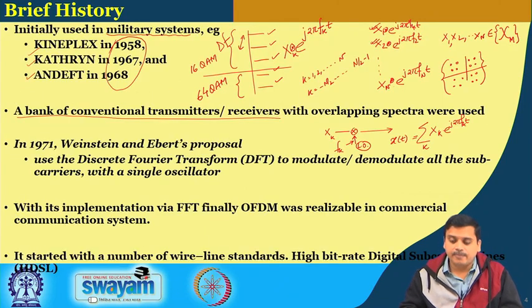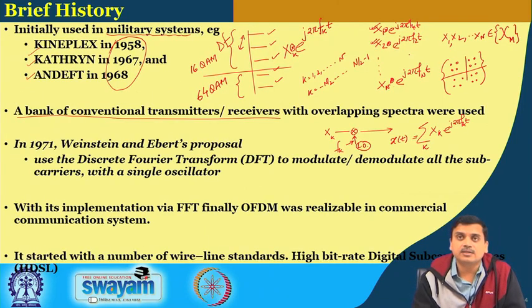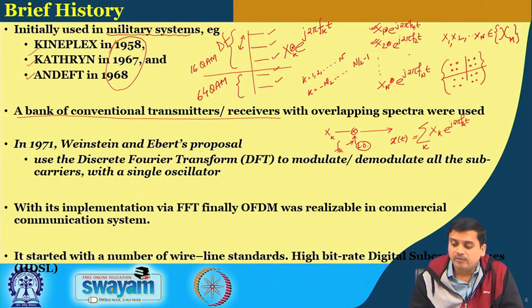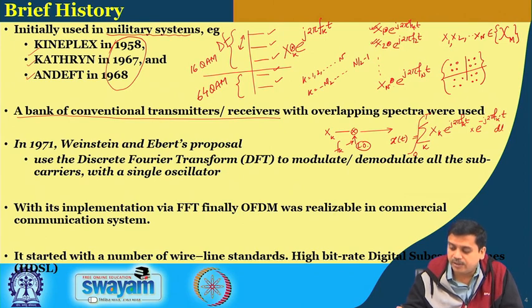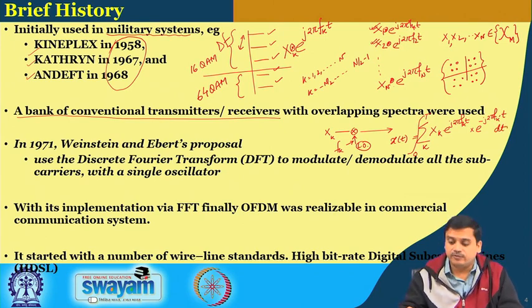At the receiver, we have again discussed the orthogonality criterion. Whatever signal is received, if this whole signal is received and we demodulate it by multiplying by e to the power of minus j 2 pi f_k' t, and integrate, because it is continuous time, from 0 to capital T, which is the symbol duration, dt. You can do it in a summation format also.